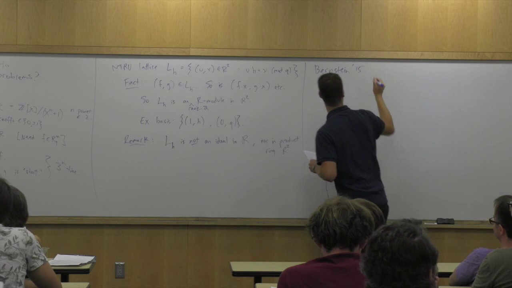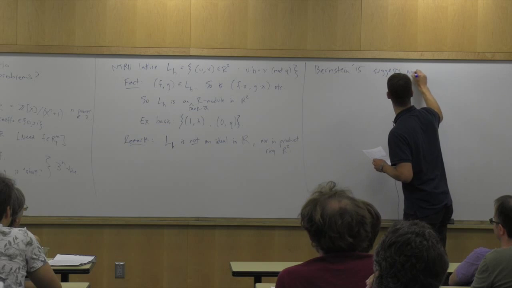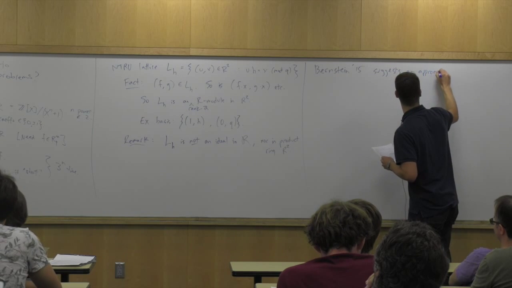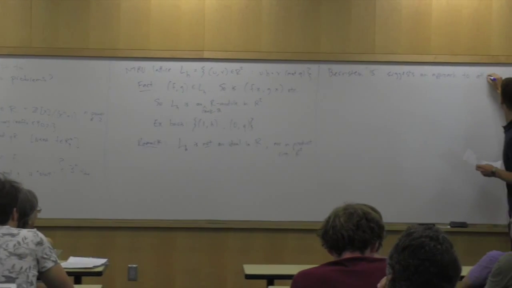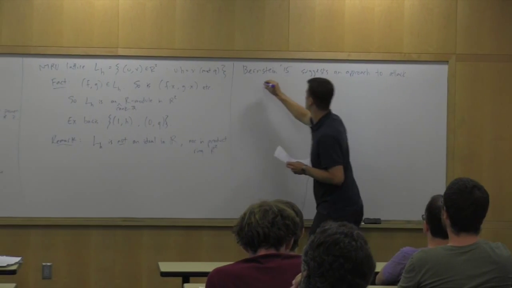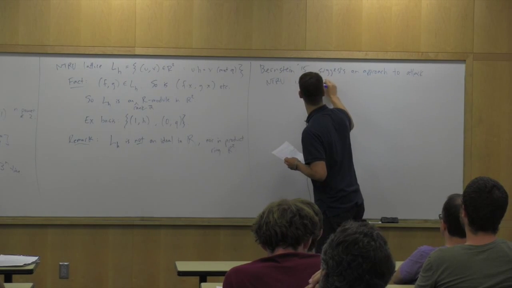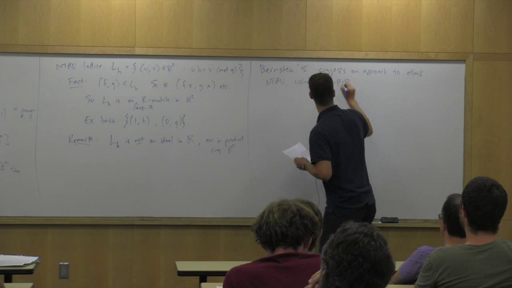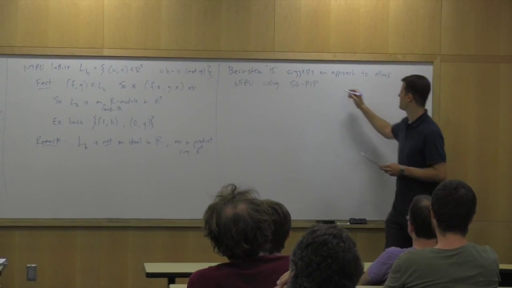All right, so Bernstein 15 suggests an approach to attack this NTRU problem using, say, an oracle for SGPIP or an algorithm for SGPIP, whichever.